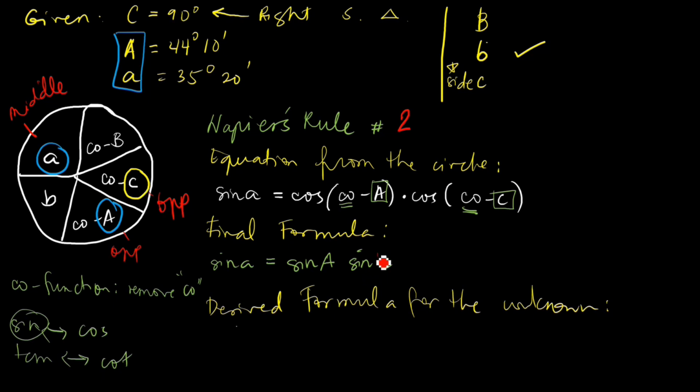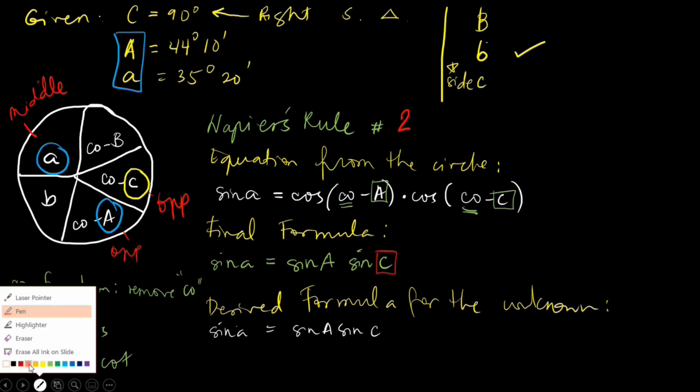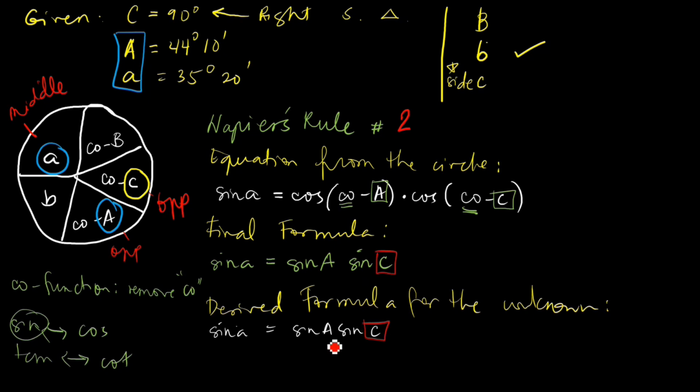So what we need is side C. This is what we need. So we need to write it on one side alone. So let us just write it. Sine A equals sine of angle A times sine of side C. What we need is side C only, so we need to move sine angle A. We can divide both sides by sine of angle A so that it can be cancelled here.